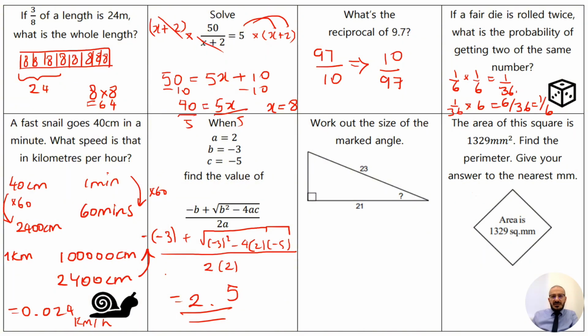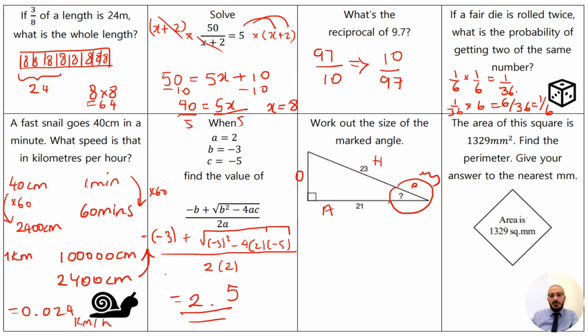Now, next question is asking us to find out the missing angle. I know this is a right angle triangle, so it either has to be Pythagoras or SOHCAHTOA. So if I know this is my Pac-Man, in front of this guy is opposite, this in between the angle and 90 degrees is adjacent, and this is going to be hypotenuse.